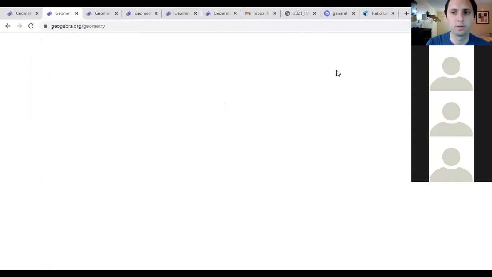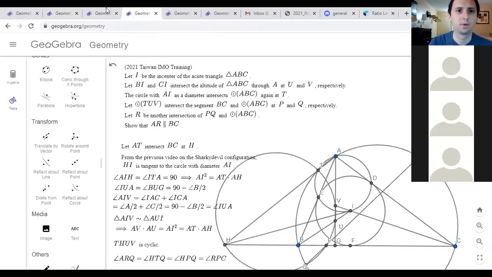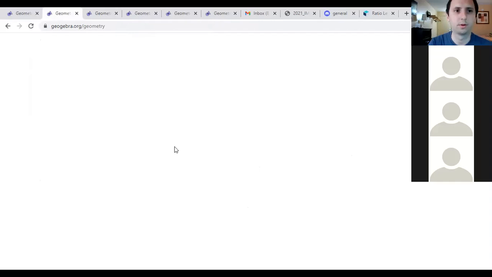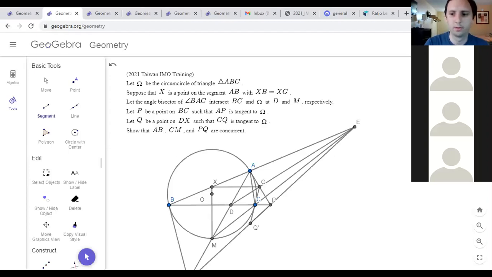Was it this one? Forgot which one it is. Let's see. It's taking a little while to load, sorry. Should be this one. Give it a few seconds. My computer's a little slower here. There we go. All right. I'm waiting for it to maximize.